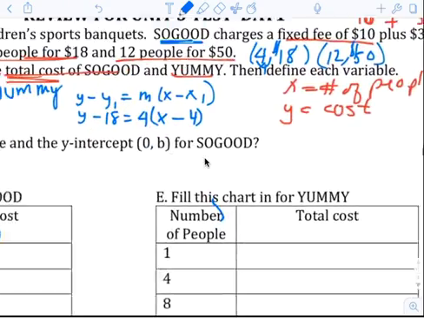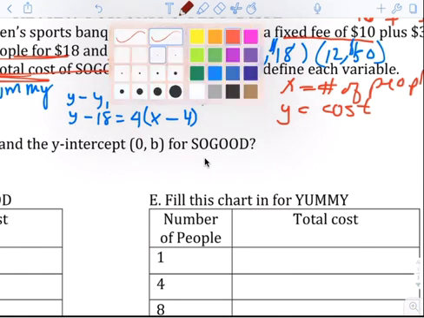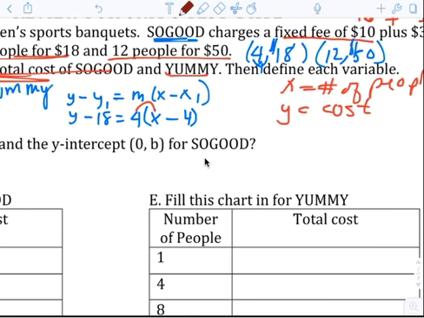So that gives us, distribute. Some of you looking at your quiz, you're not distributing first, parentheses first. 4x minus 16. y minus 18. So to solve this, you have to add 18, add 18.